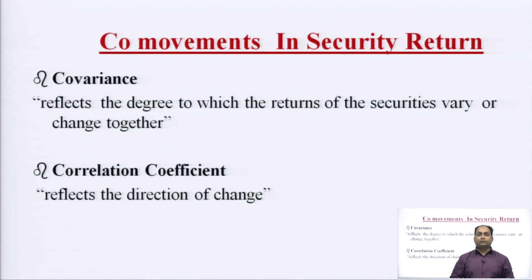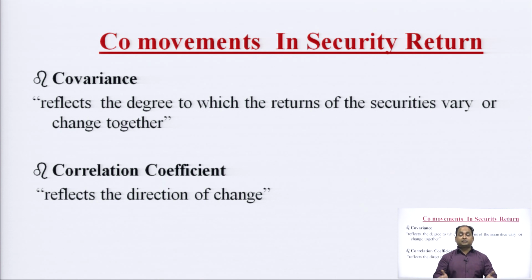Let us move to the other risk measurement tools, that is, co-movements in security returns. Another tool is the covariance and another is the correlation coefficient. Covariance reflects the degree to which the returns of securities vary or change together.